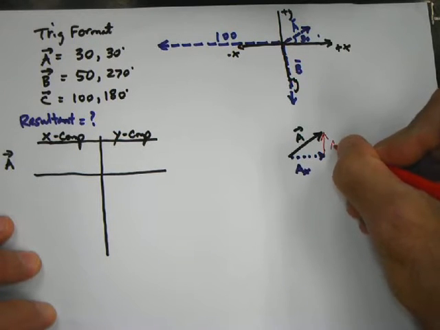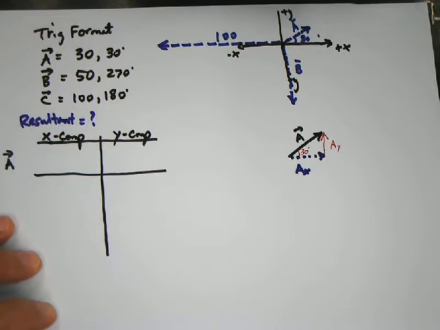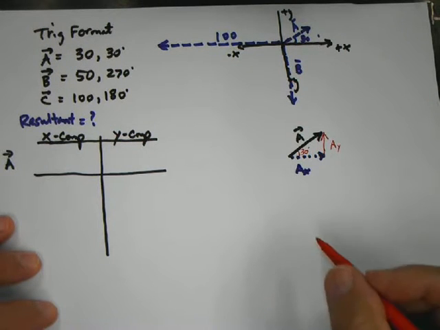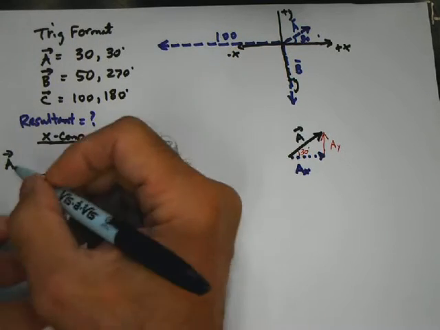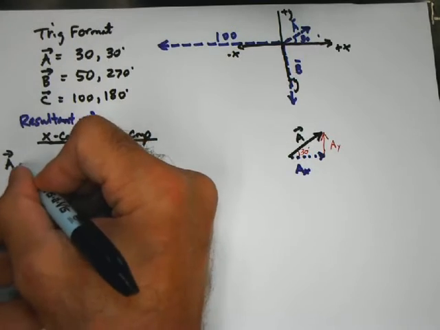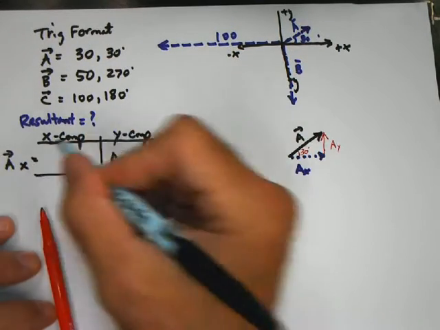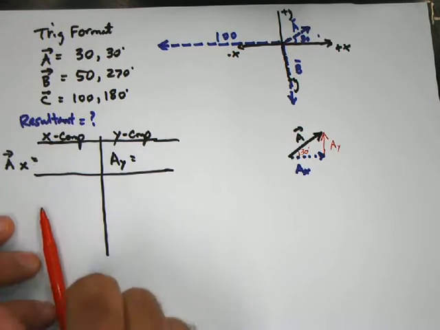We can call that A sub y. Remember, this is a 30-degree angle. Okay, so let's just use trigonometry now to find what A sub x is. We'll put that in this box here, and then we'll find A sub y, and we'll put it in that box there.